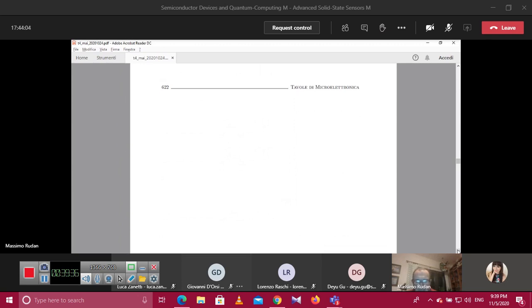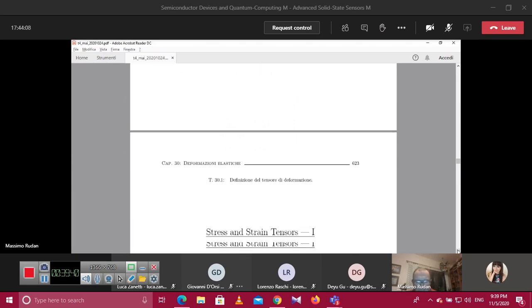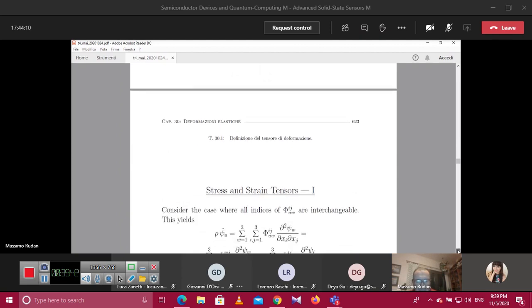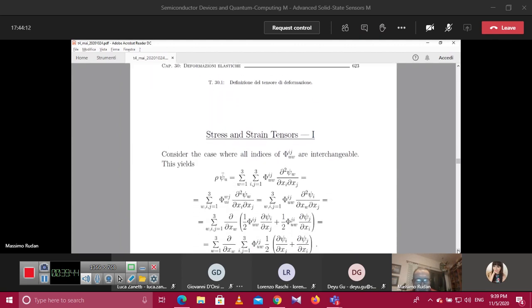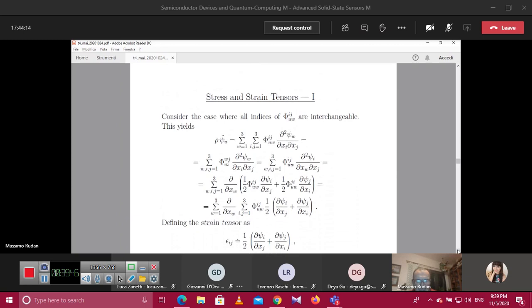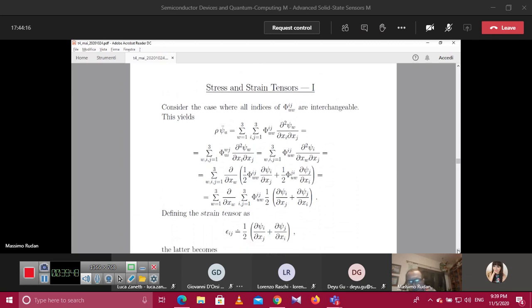Based on this analysis, we now stop because we are almost near the end. We can introduce concepts that are typical of the theory of elasticity, and they are used very much by mechanical engineers and civil engineers.